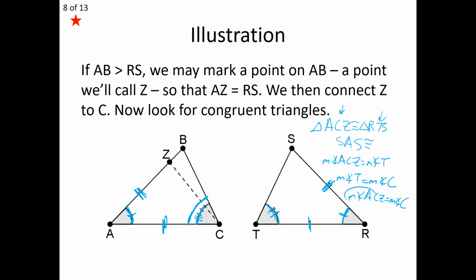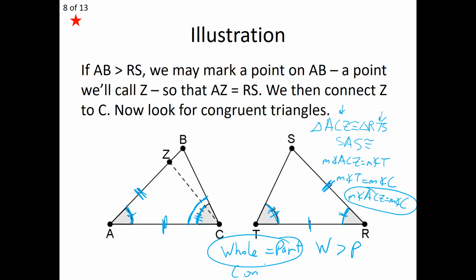That's what we're claiming right here. Well, that can't be. We've claimed now that the whole is equal to the part. That is never true. We proved that the whole is greater than the part, which means this right here is our contradiction.